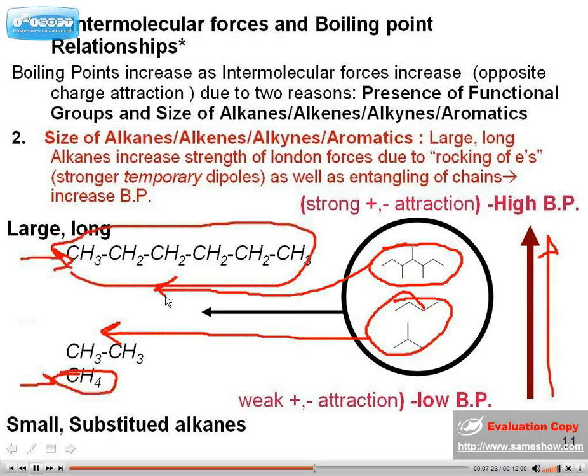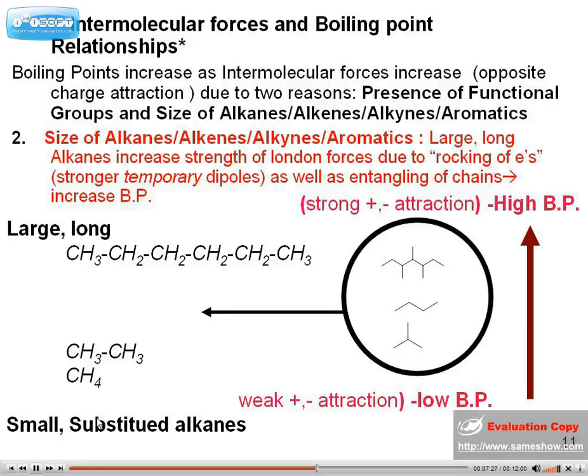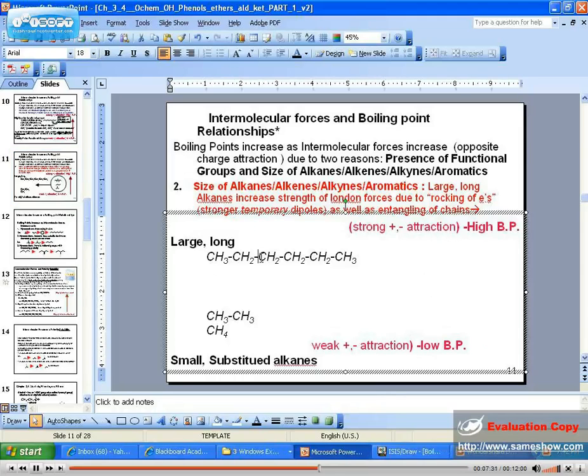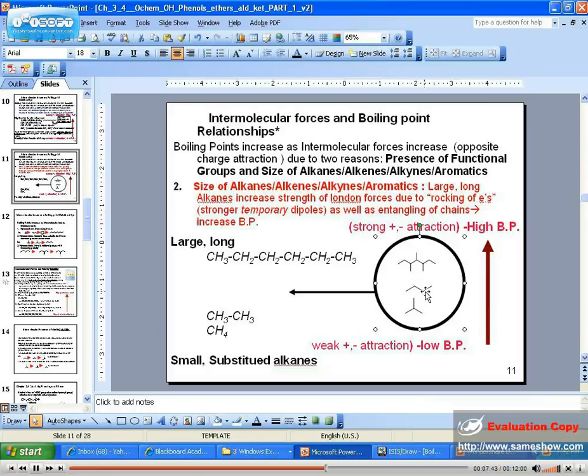Essentially what happens is, if we were to think of these molecules right here as being on water, let me go ahead and draw this out really quick. Let me pick on one of these.